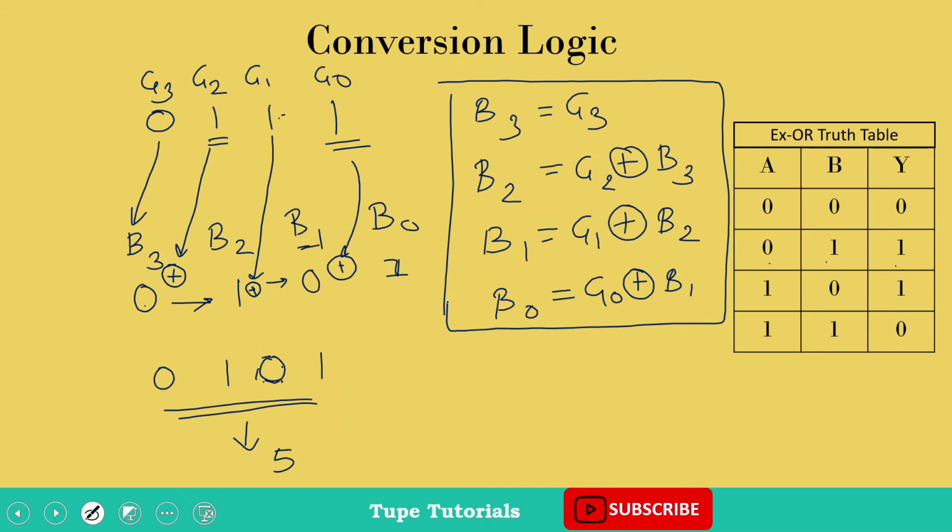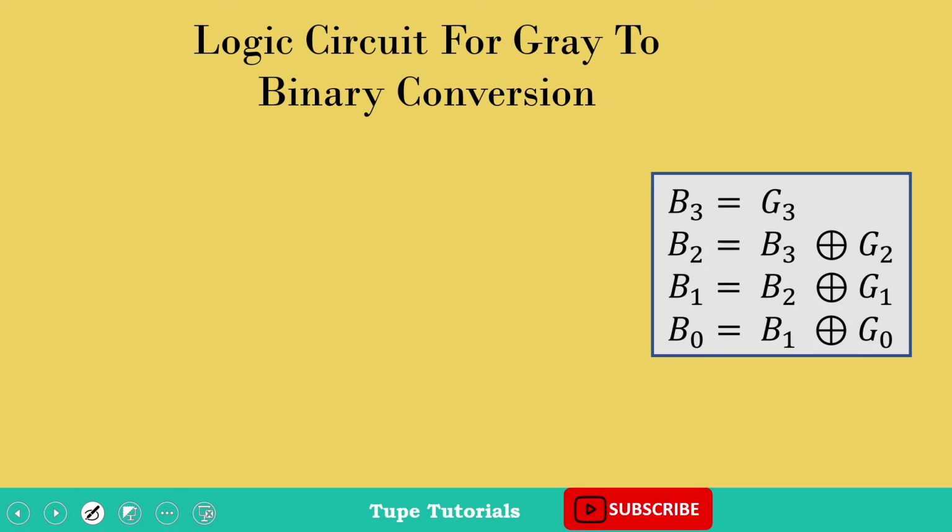So this is the conversion logic which we have to remember for gray to binary conversion. So now let's create the logic circuit. I have written the conversion logic to the right hand side for the reference. Now we will create the logic circuit. Whatever is on the left hand side of the equal to is the output and whatever is on the right hand side of the equal to is the input. So let's first write down G3, then G2, G1, G0.